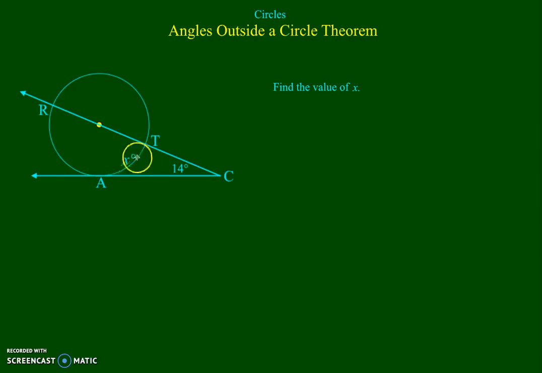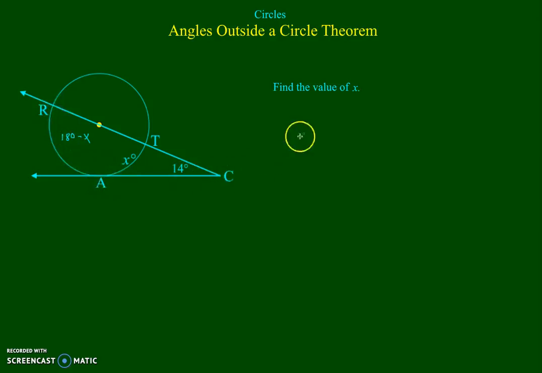If this is x and this is 180, then we know that the measure of arc RA is simply going to be 180 minus x. And that's going to be the measure of this arc.